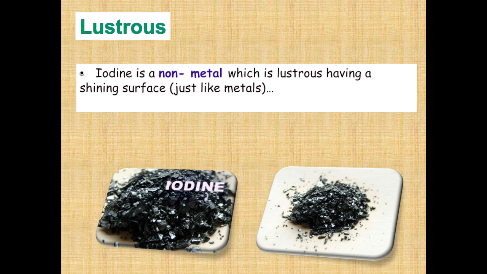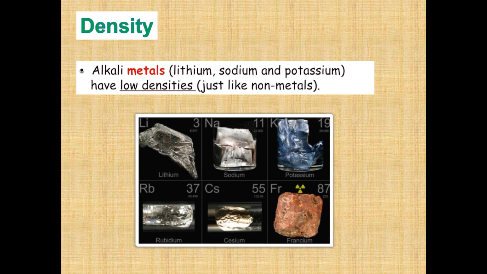Luster: iodine is a non-metal which has a shining surface just like metals. Density: alkali metals like lithium, sodium, and potassium have low density just like non-metals, but these are metals.